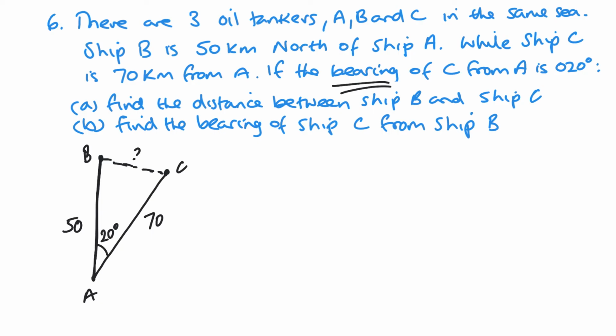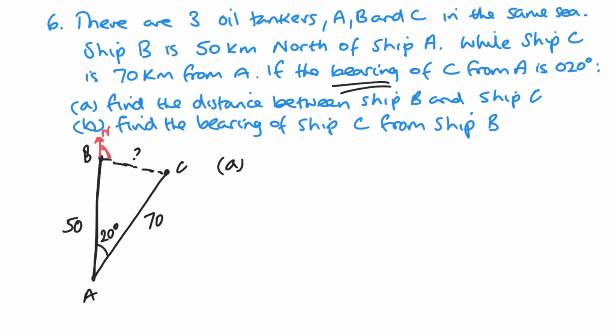And for part B, we're trying to find the bearing of C from B. I'll do this in red so it stands out, I'll put a north line on B and measuring clockwise, so it's this angle that I want. But let's start with A, the distance.